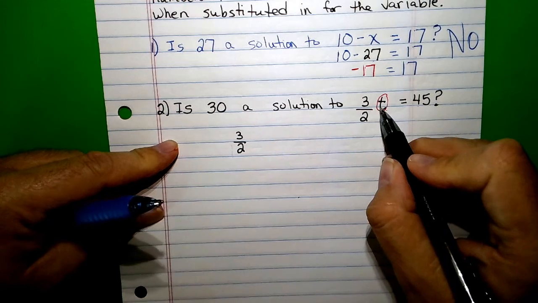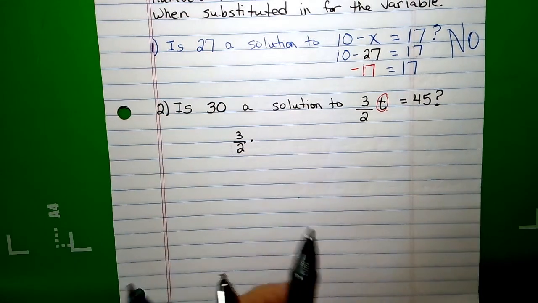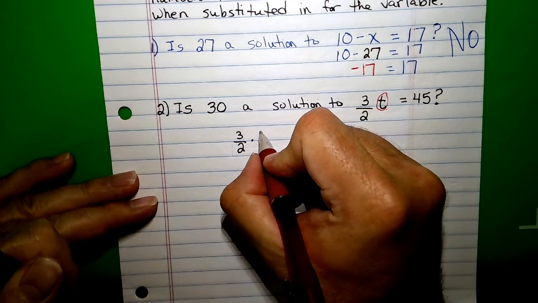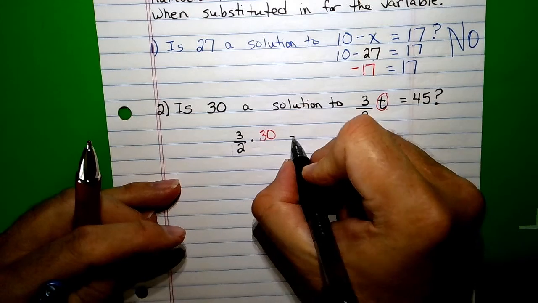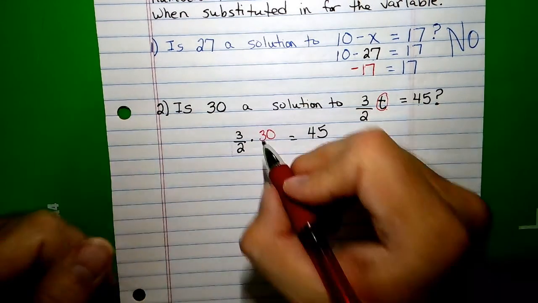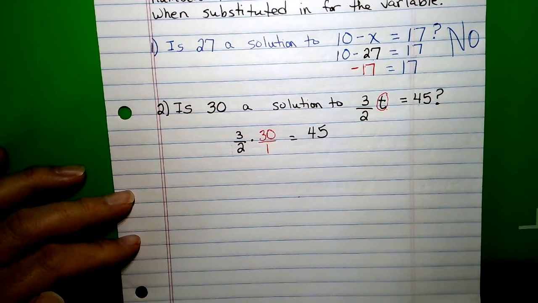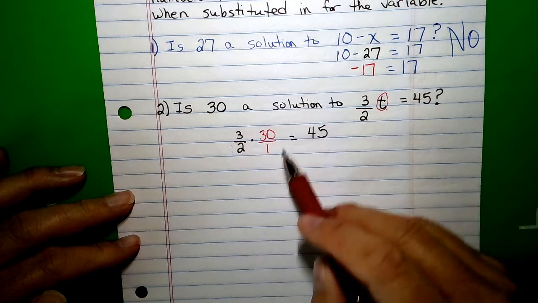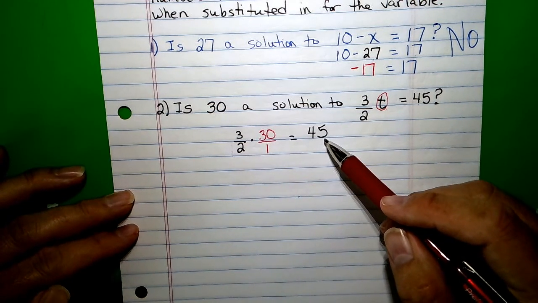Now what's the operation here? It's times, right? Times, in place of that t, I'm going to write 30. Does it equal 45? Well, I'm going to write that 30 as 30 over 1. Let's do this multiplication and see. Do we get 45? If we get 45, the answer is yes.